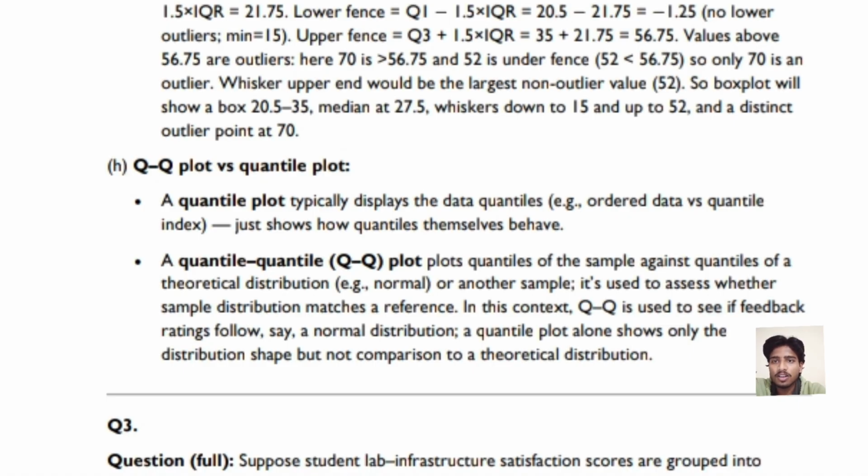The sample distribution is used against a reference. QQ is used to see if the feedback ratings follow a normal distribution. Quartile plots alone show only the distribution shape but do not compare to a theoretical distribution.